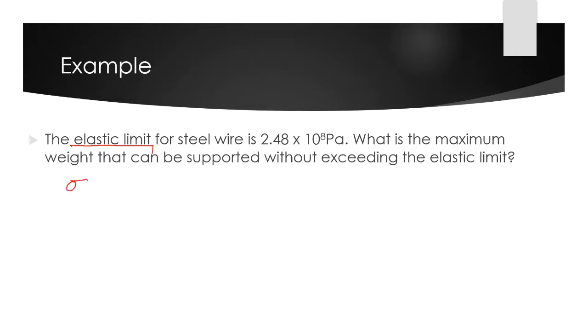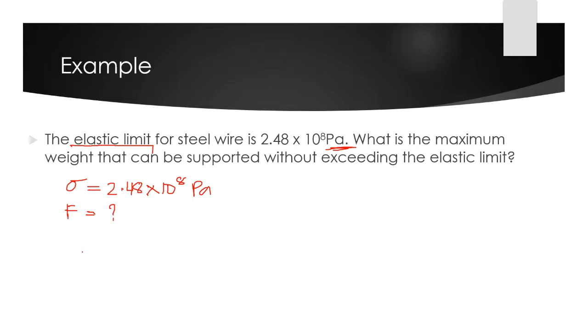So that gives us 2.48 times 10 raised to 8 Pascal. And as you can also see, Pascal is the unit, so that is stress. And we are looking for the force that can be supported without exceeding the elastic limit.